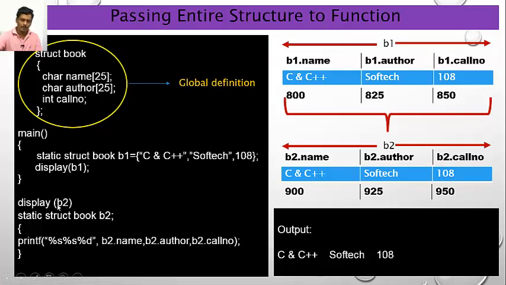Now b2 consists of the same values, C and C++, softtext, 108. We just display through printf percentage d, b2 dot name, b2 dot author, b2 dot call number. The same value is displayed here. This is the output of the program. We can pass the entire structure to the function by using a global definition.